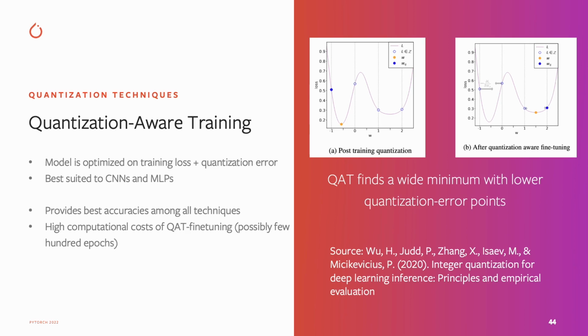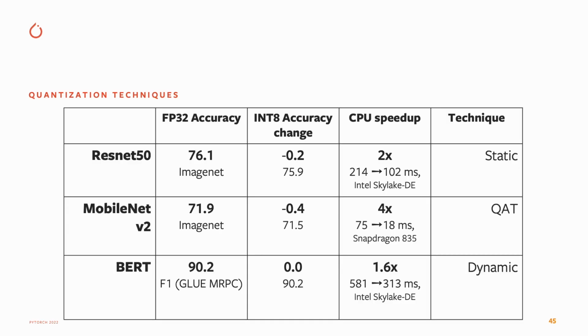So here's a quick comparison of how various techniques work on different architectures. We can see that MobileNet, despite its small size, is actually performing really well in terms of inference time. We have used QAT because since it is a small model, we expect smaller models to have more accuracy degradations, and therefore we need to be more intentional about quantizing these models.